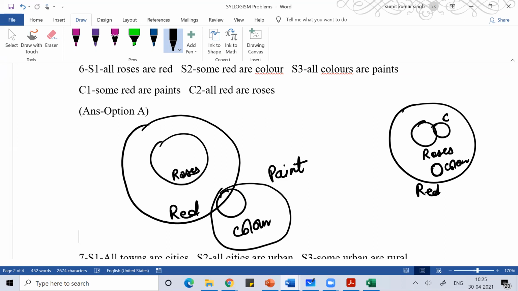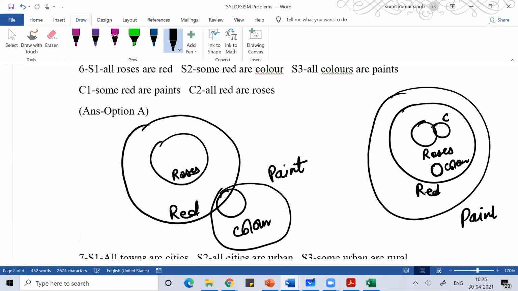Definitely there's an intersection between red and color, and then all color are paint. The paint can be like this, or paint can be like this. In every case, here all paint are red, here some paint are red. So some red are paint. So definitely some red would be paint.